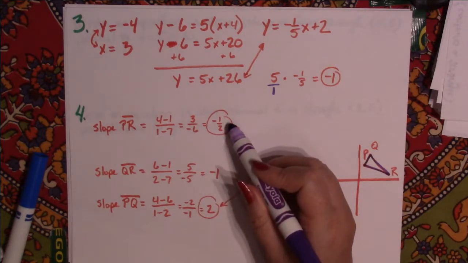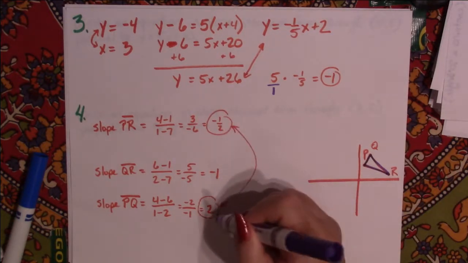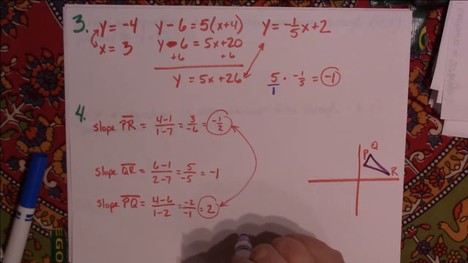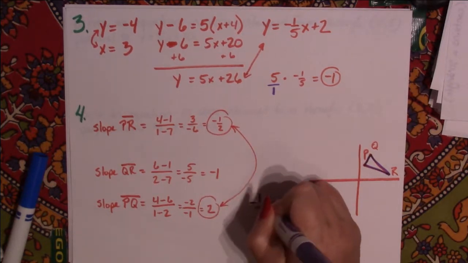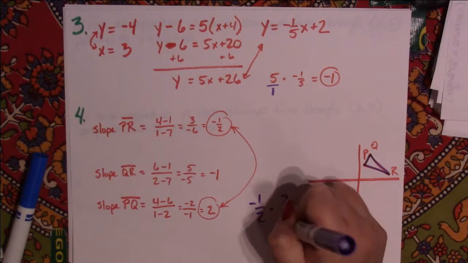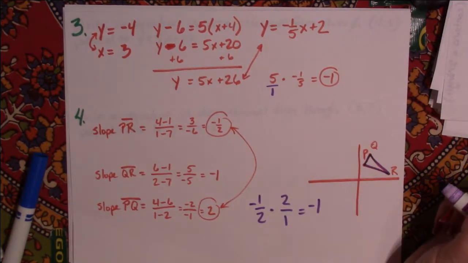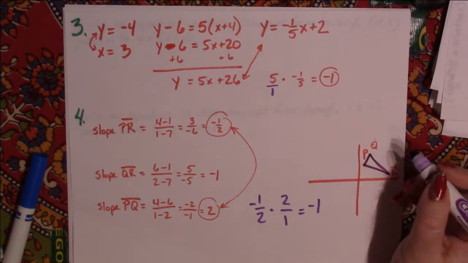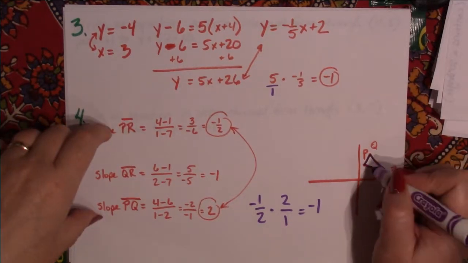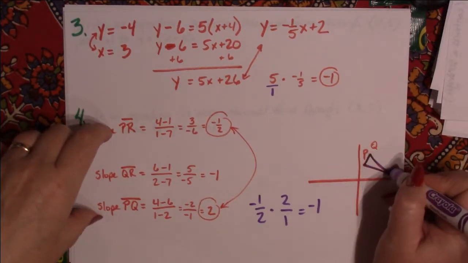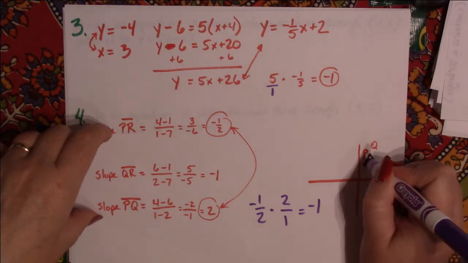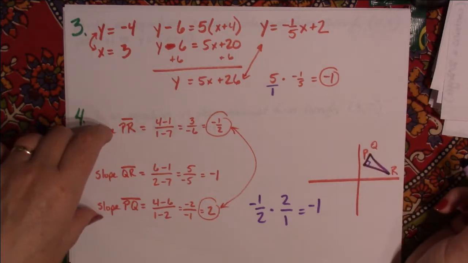And you can see that the slope of PR is negative 1/2 and the slope of PQ is 2. And negative 1/2 times 2 over 1 is going to equal that perpendicular slope answer. So the angle between PR and PQ, this angle right there, that's our 90-degree angle.